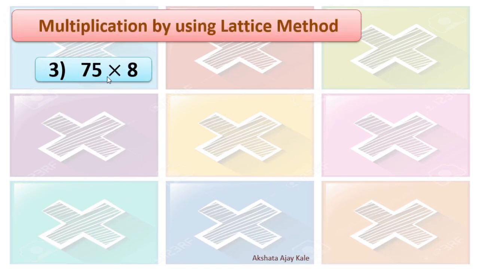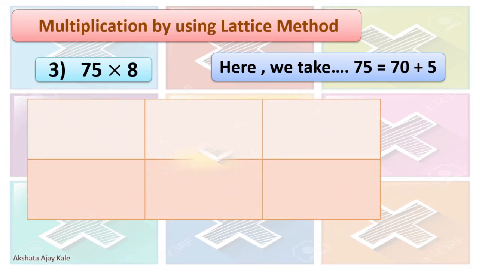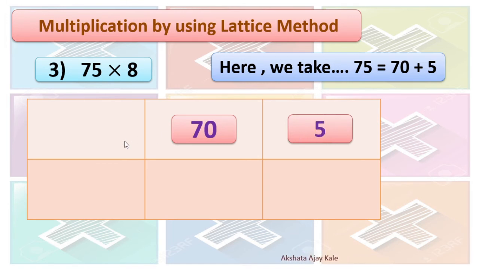75 multiplied by 8. Now we are going to write the expanded form of 75. What will we take now? 70 plus 5. Nice. Now we are going to make a table. We will write 70 and 5 multiplied by 8.